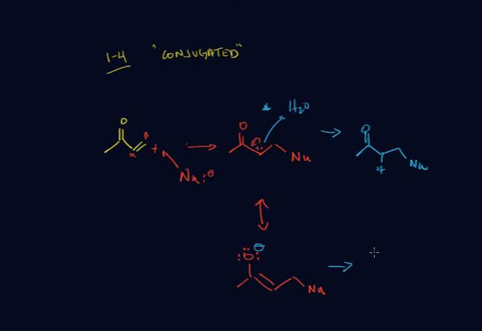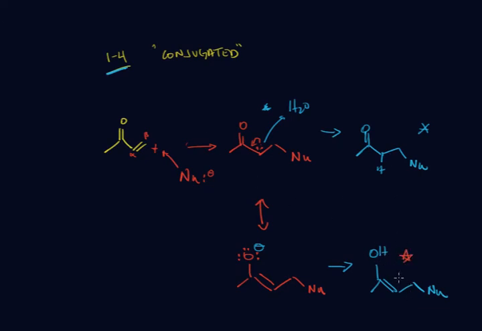In this example, you'd have that oxygen protonated by the water, and your double bond would be internal here, and then you'd have your nucleophile. We know that internal double bonds are more stable in an alkene situation, but a carbonyl double bond is even more stable of these two. So this is going to be the preferred.